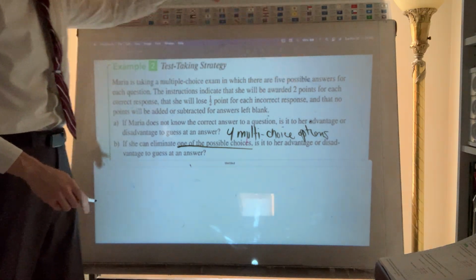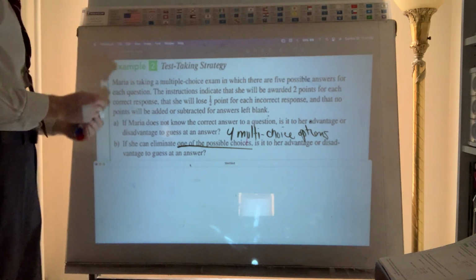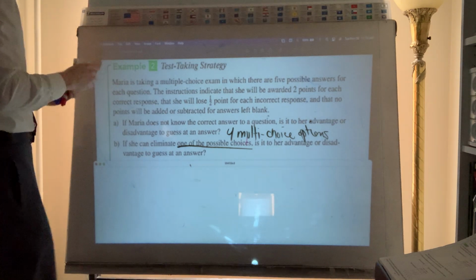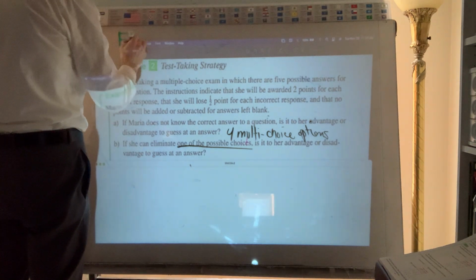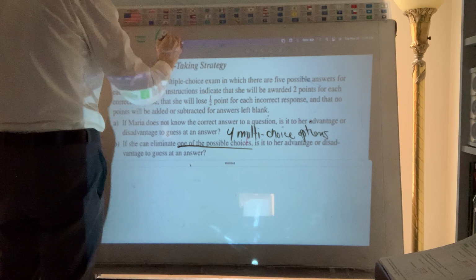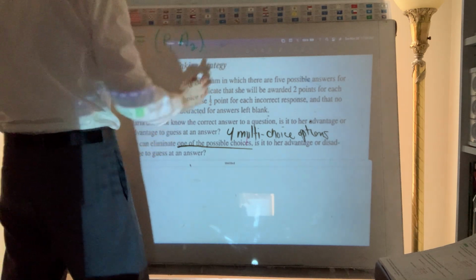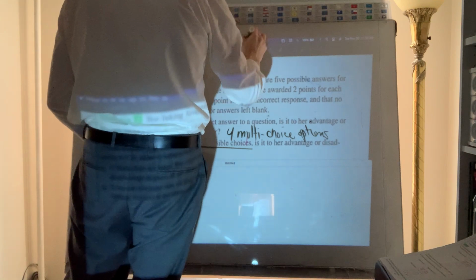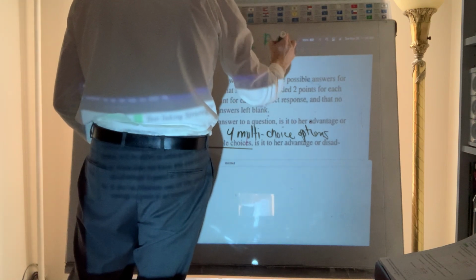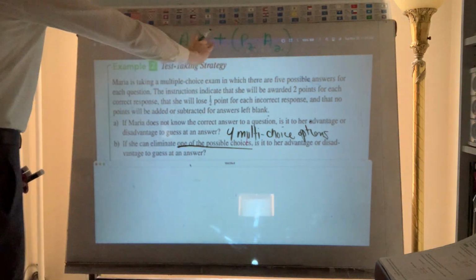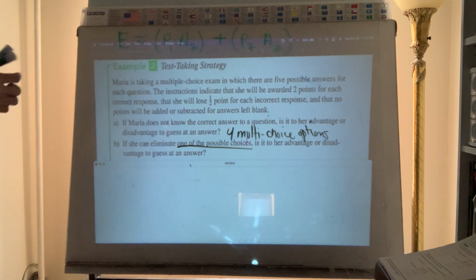It's still 2 points for correct, a half for a loss. All right, here's the model again. And we already know from experience of dealing with it that we're going to need just two terms here. So I'm going to shorten it without including the middle term. It's not really necessary.